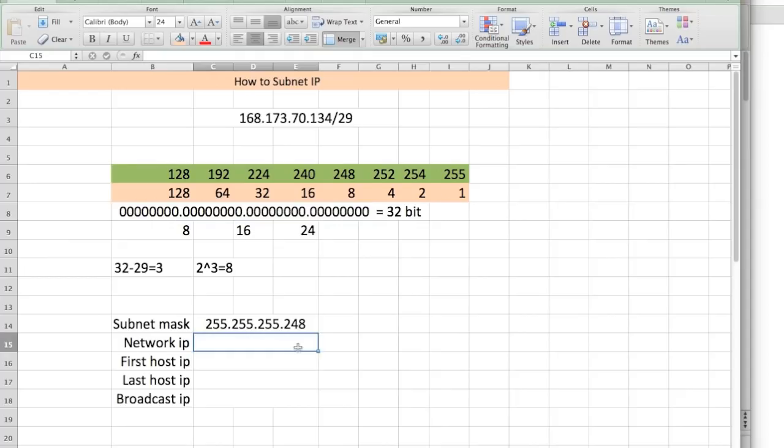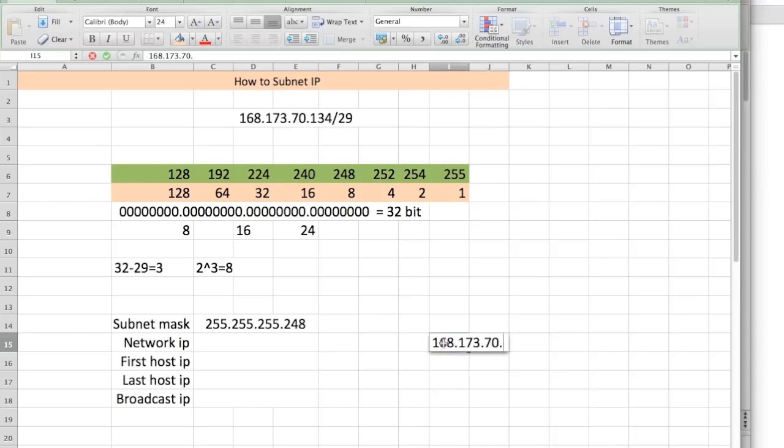Okay, so now we need to find out what the network ID is. Well, we know that the network will increment by 8, right? So we can either write this down. So here, for example, I'll write down the IP is 168.173.70.